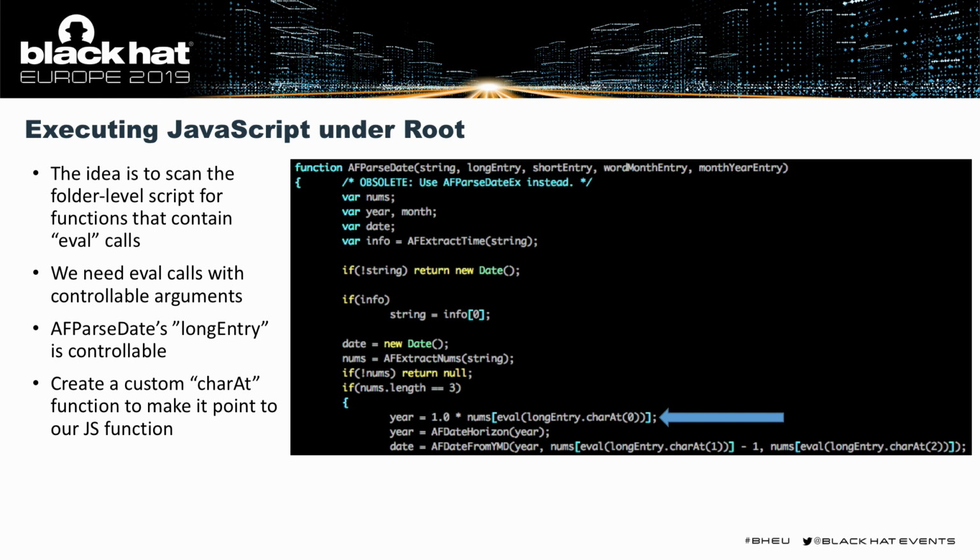Because we control the long entry argument, we can forge that argument and have char at point to our own JavaScript function. So now we actually have a JavaScript function executing in root context.